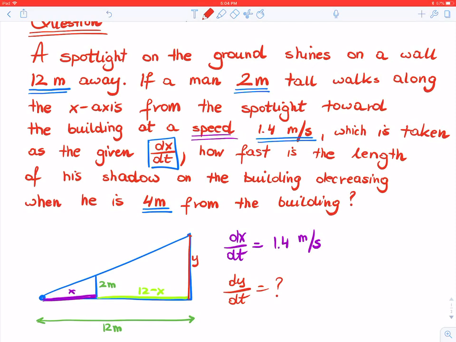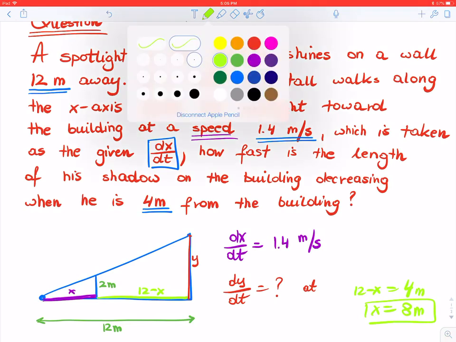Which means if he is 4 meters away, this bright green 12 minus x is 4 meters. If 12 minus x is 4, we can easily see that x is 8. So x is 8 meters, but of course he is 4 meters away.